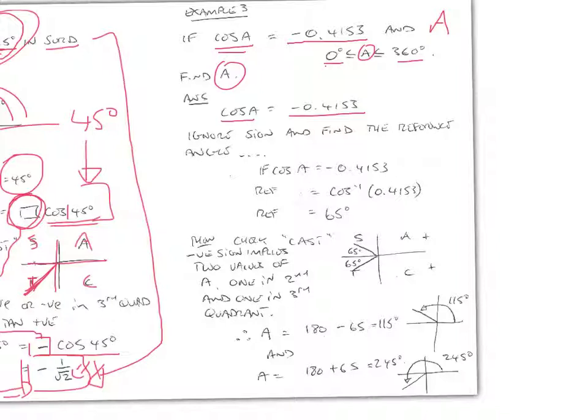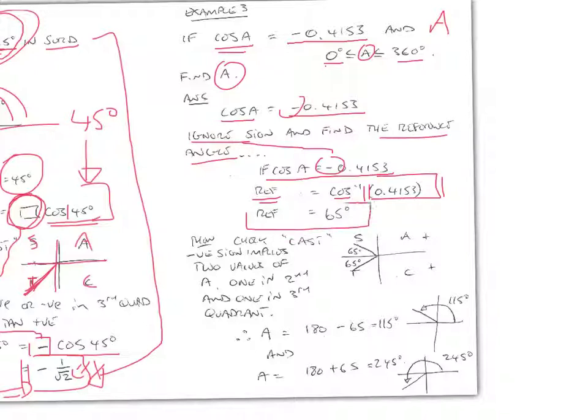So to begin with, we'll just ignore the negative sign and we'll find the reference angle, not this time by drawing, but this time saying that if cos A equals this, our reference angle is the cos inverse of that value itself, ignoring the negative sign. Okay, and we'll get our reference angle as 65 degrees. Now we'll become mindful of the fact that cos A is a negative value.